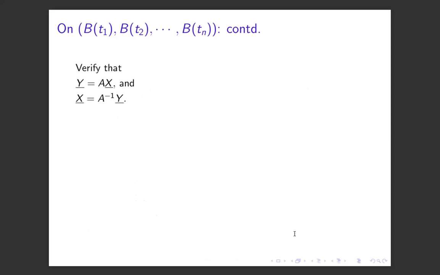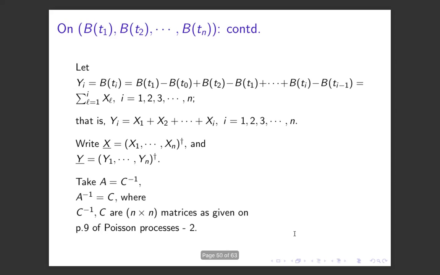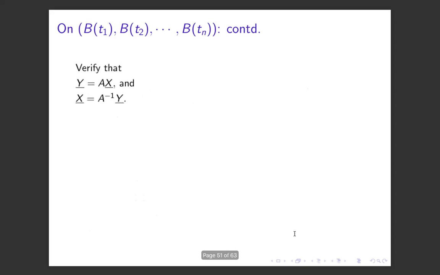And you can verify easily that y bar is the same thing as A applied to x bar.